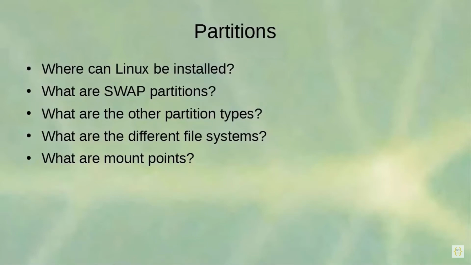But there are other file systems. You can have XFS, which is the default on a lot of newer Linux machines. You also have Windows partition types like FAT32 and NTFS. And Linux can create different file systems and put them into partitions and use them.